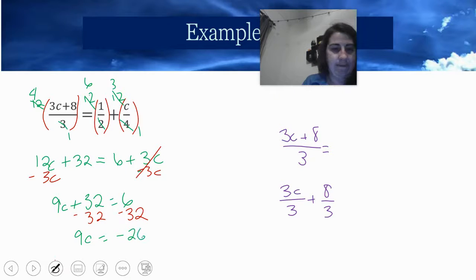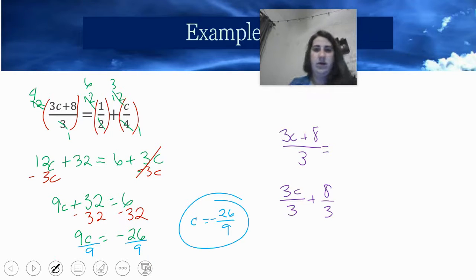Divide each side by 9, and I get c equals negative 26 ninths. They cannot be reduced anymore.